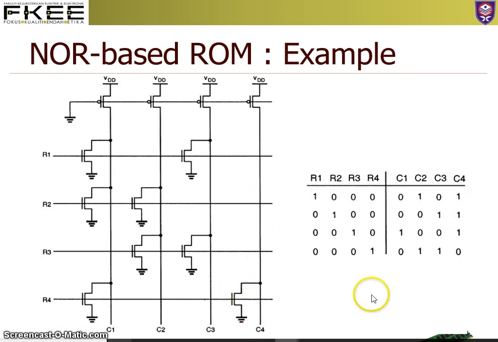If there is NMOS, it is a logic 0 because it is pulled down to the ground. If you look at C1, 0010, there is NMOS, so it is pulled down to the ground. Similarly for this, there is no NMOS, so it is logic 1 over here, and there is NMOS, so it is a logic 0.